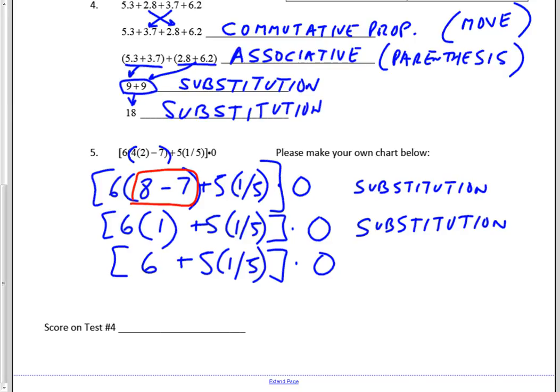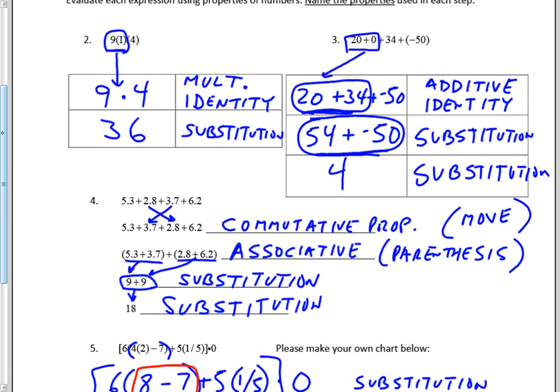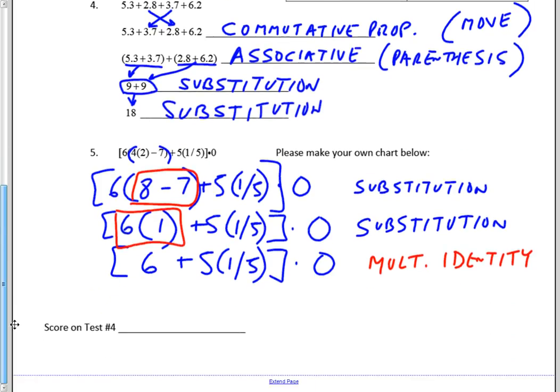What do we call that? Multiplicative identity. What we just did there, the 6 times the 1, that's just like the 9 times the 1. Multiplicative identity.